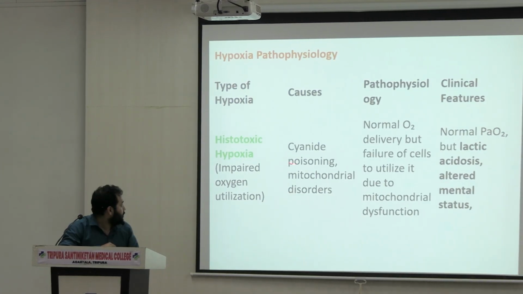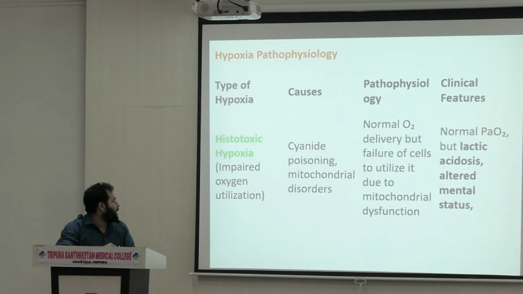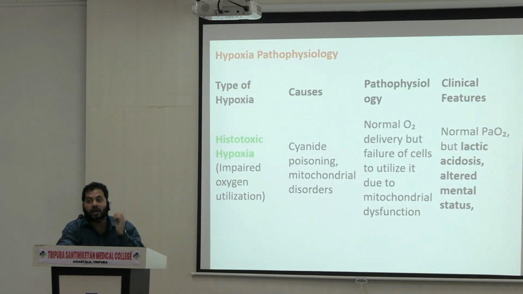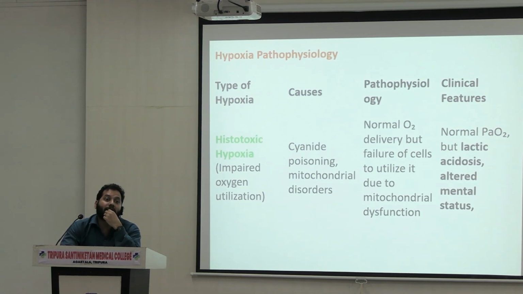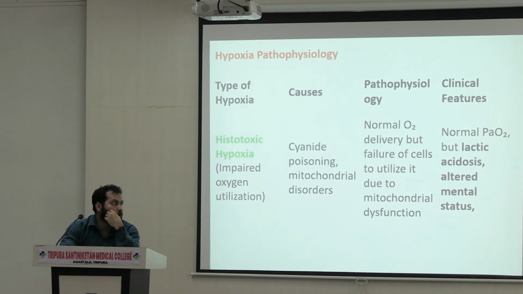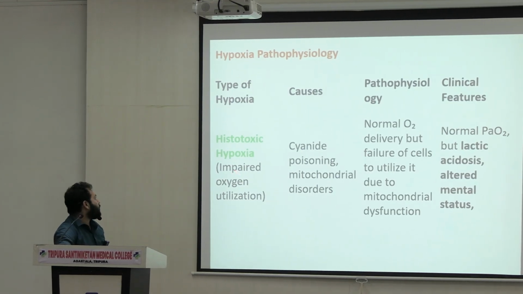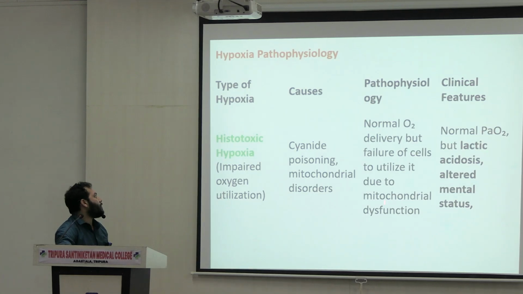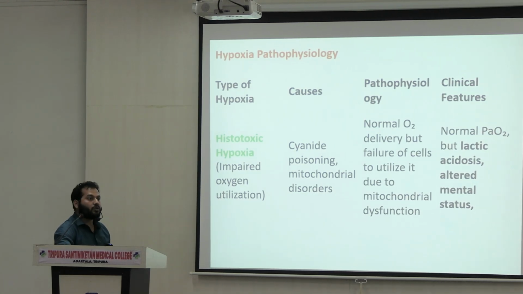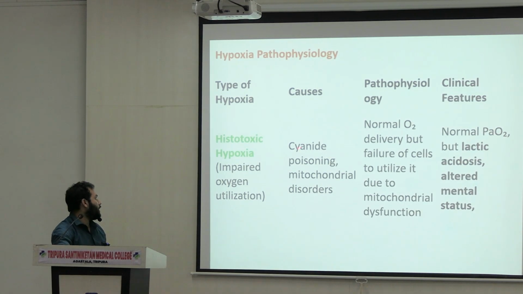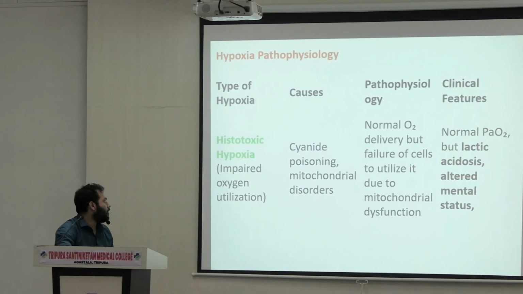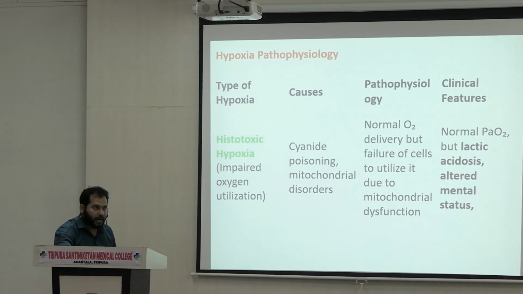So here the most important one is cyanide. Cyanide affects our electron transport chain, and electron transport chains are very much essential to generate energy, right? So in this particular hypoxia there is a mitochondrial dysfunction. What is the cause of mitochondrial dysfunction? It is due to cyanide poisoning or mitochondrial disorder, right?